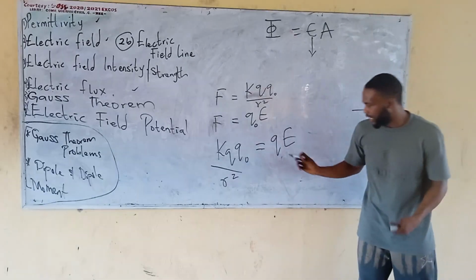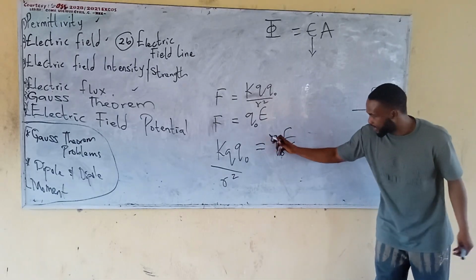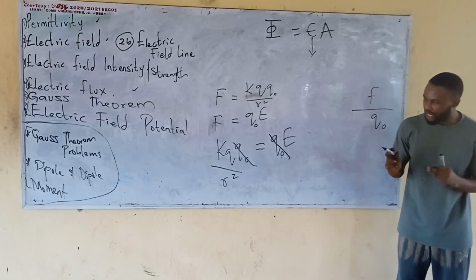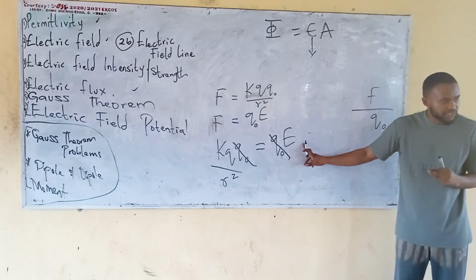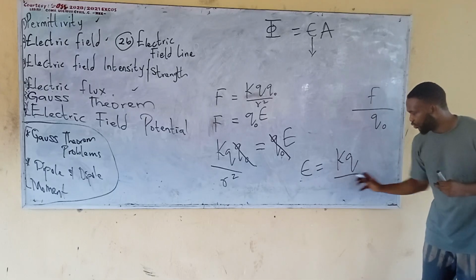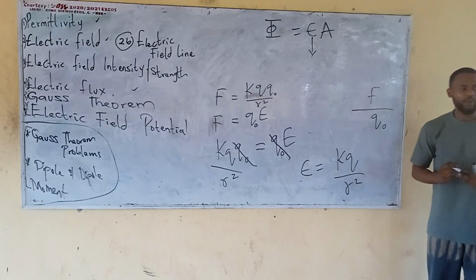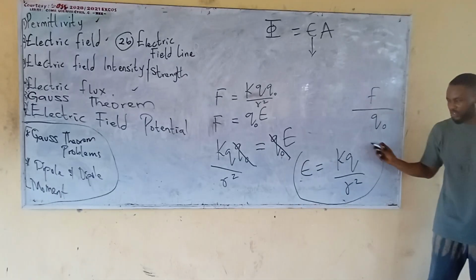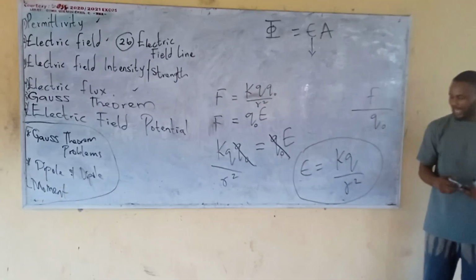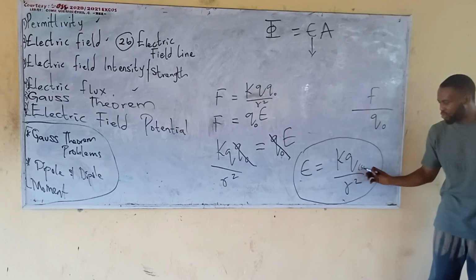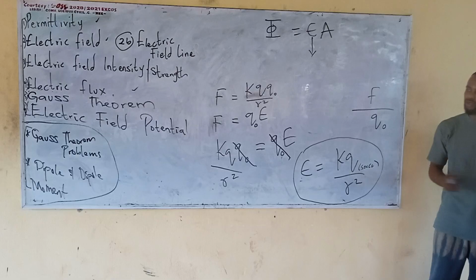So if I know that this should be this way, I can cancel this, cancel this. That means that another formula for electric field intensity is E equals KQ over R squared. So whenever a question is given to you, as we progress, you will see, and that question talks about an electric field that has a charge creating it, a source charge, this is the formula to use without stressing yourself.